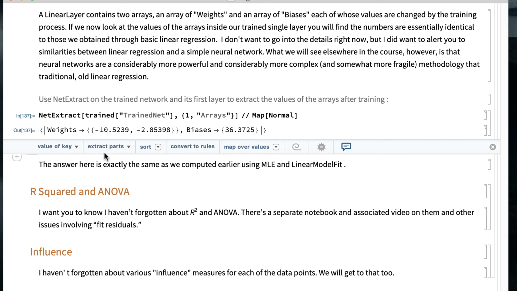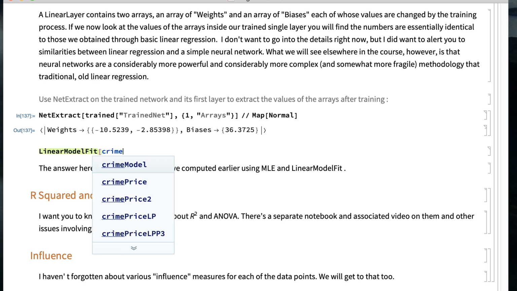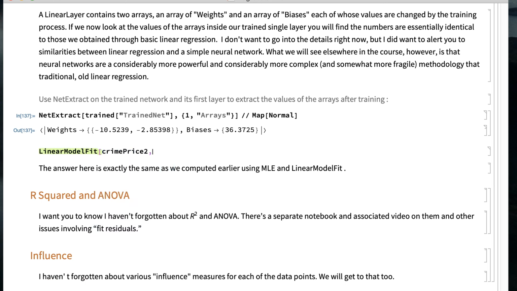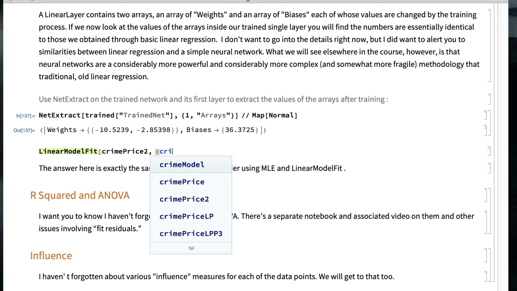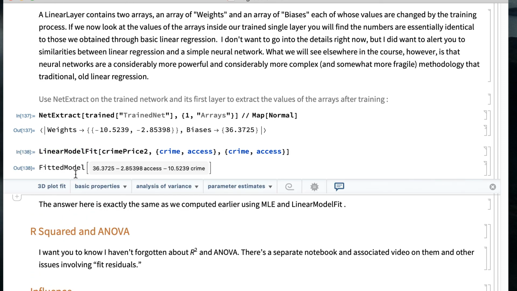Now let's do this just as a good old linear model fit. So I've got linear model fit, prime price 2, and crime and access were my basis functions, and crime and access were also, if I spelled it correctly, my variables. And we do it, and look at this.